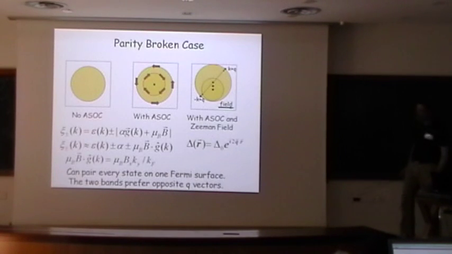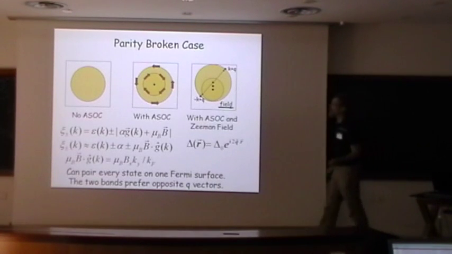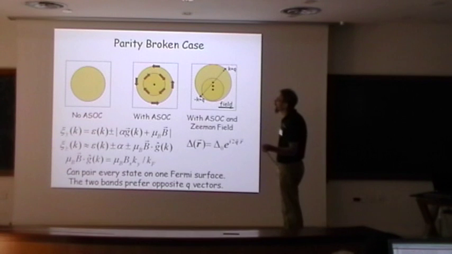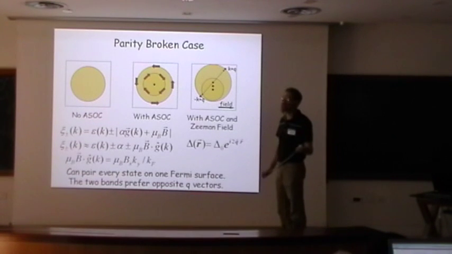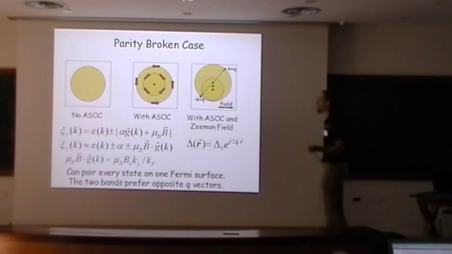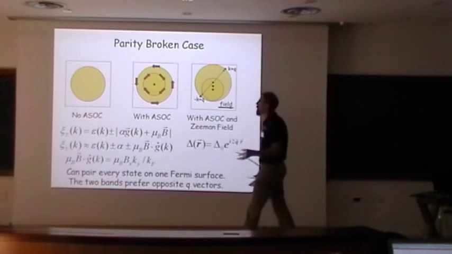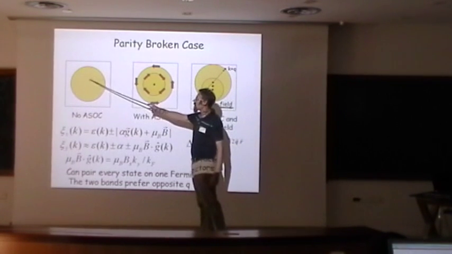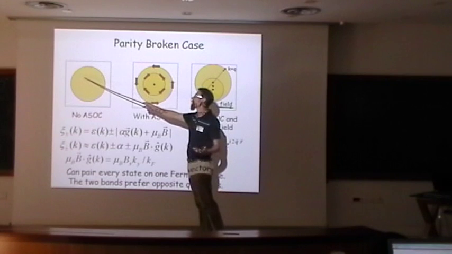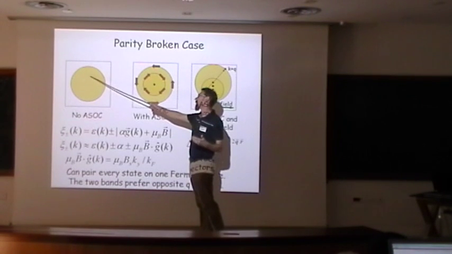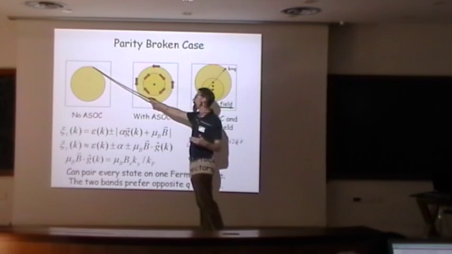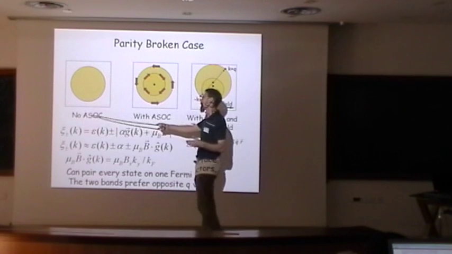All right, so without going into the details of the microscopic theory, it's actually very easy to understand how an in-plane field supports these helical phases. Here I've gone from just a normal centrosymmetric material with 2 spin-degenerate bands. This means no asymmetric spin-orbit coupling.